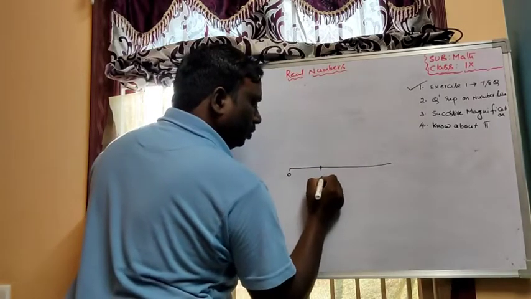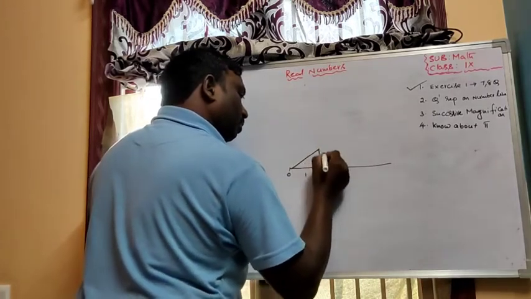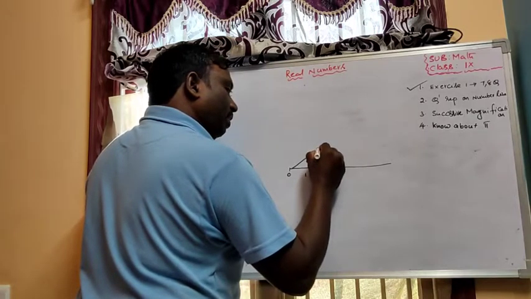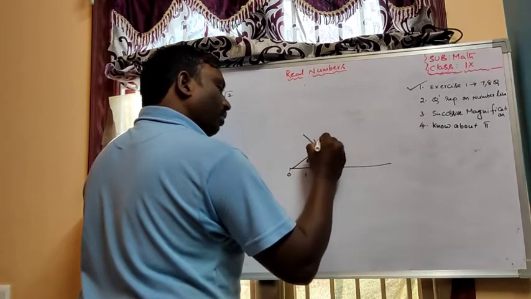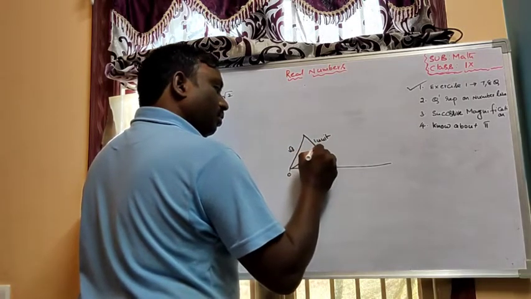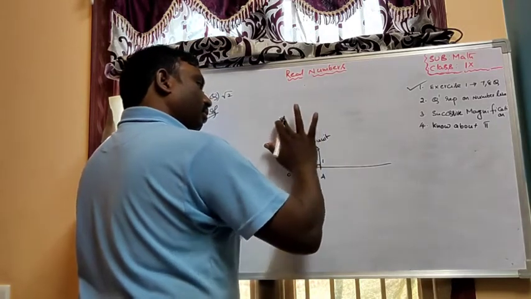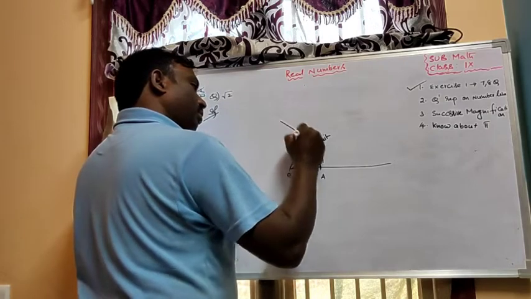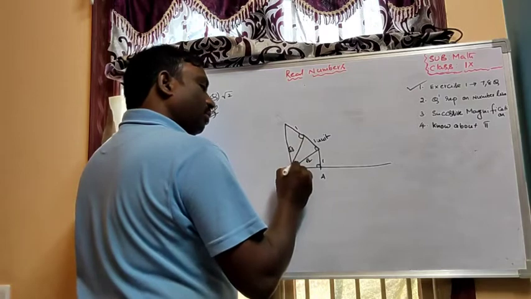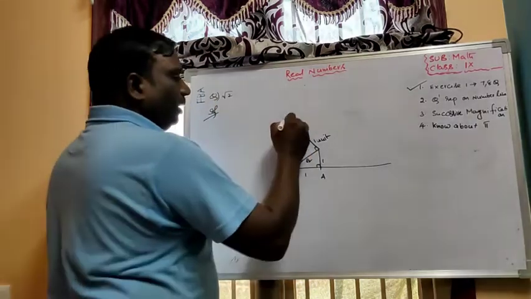O, A, 1 unit, perpendicular line, 1 unit, root 2, again perpendicular line, 1 unit, this is root 3, again perpendicular line, 1 unit only I'm taking, join here, this is root 4.